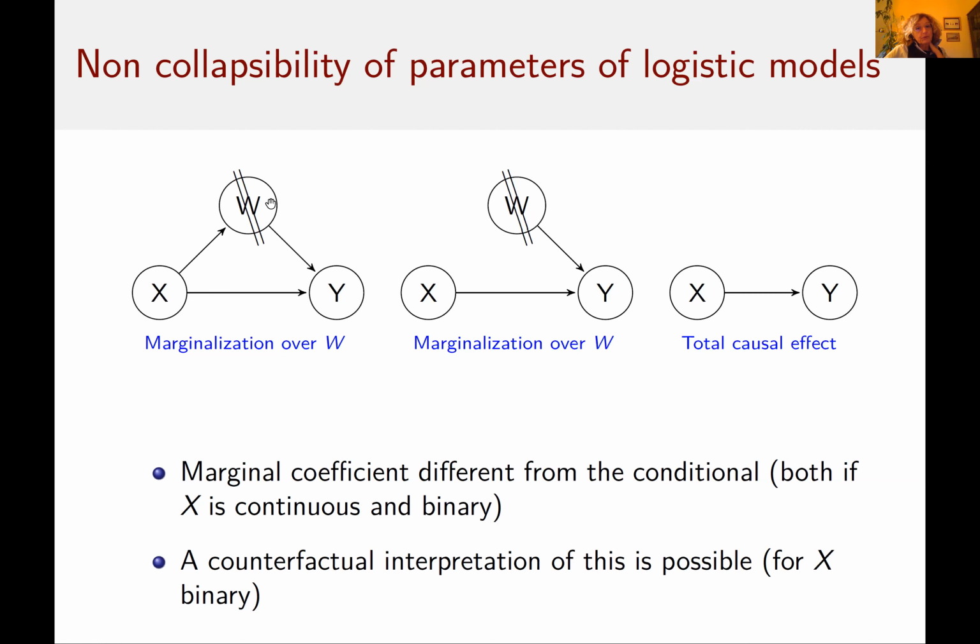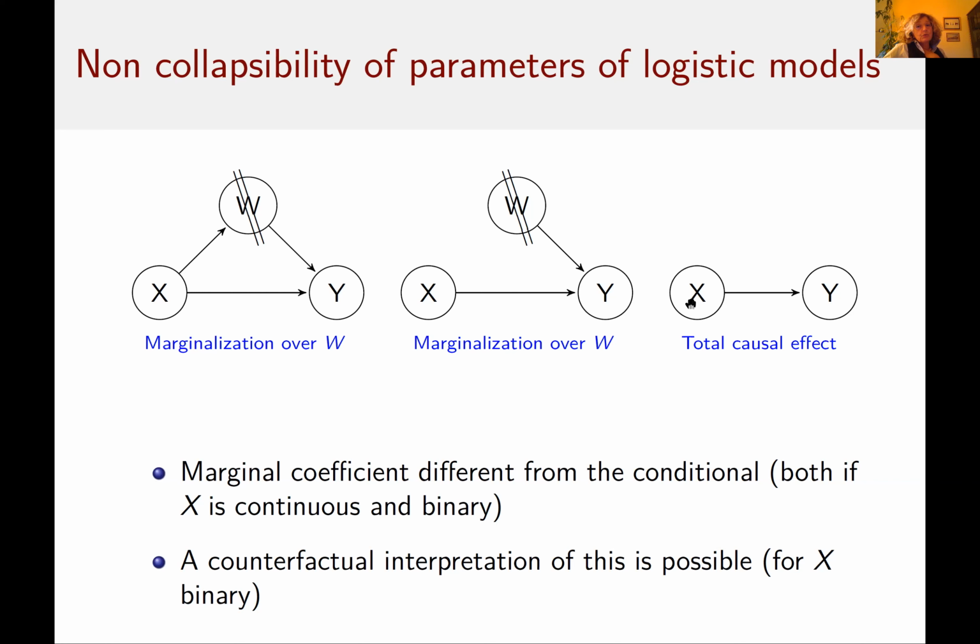In both situations, when you look at the marginal logistic model, we know that it is a very complicated function of the original model, and it's actually a non-collapsibility problem.